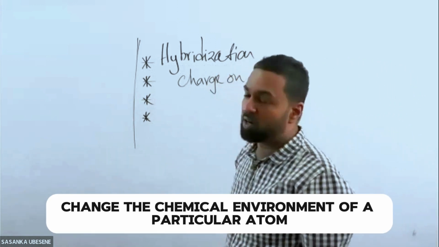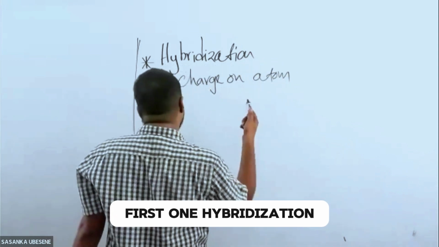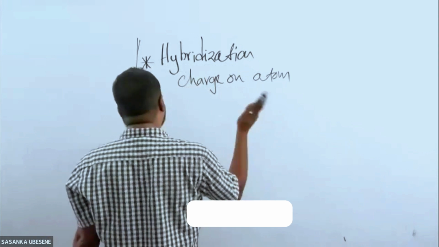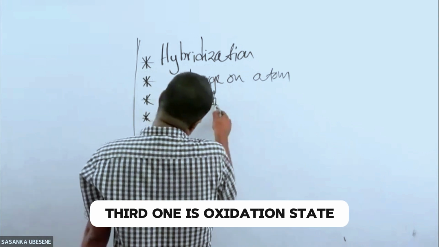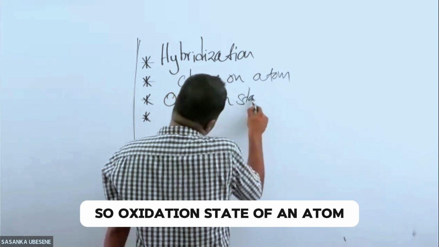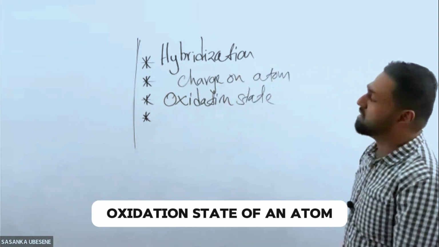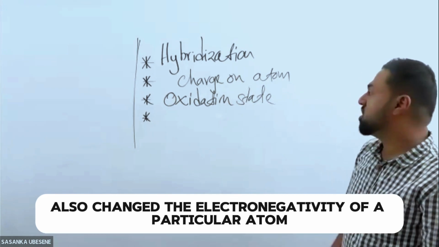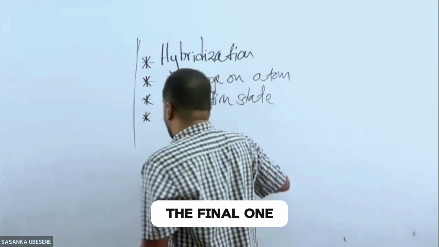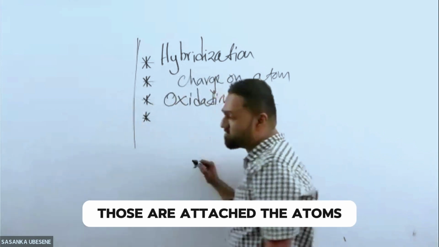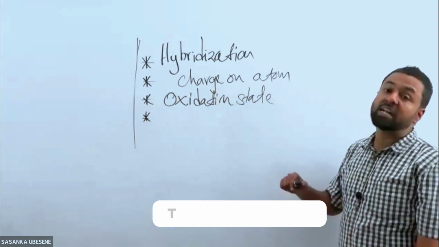The third one is oxidation state. The oxidation state of an atom also changes the electronegativity of a particular atom. The final one, the atoms that are attached to a particular atom of interest.